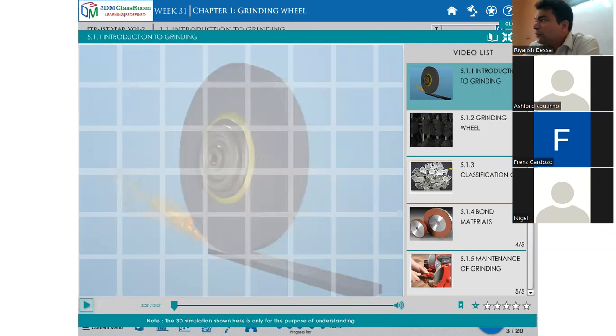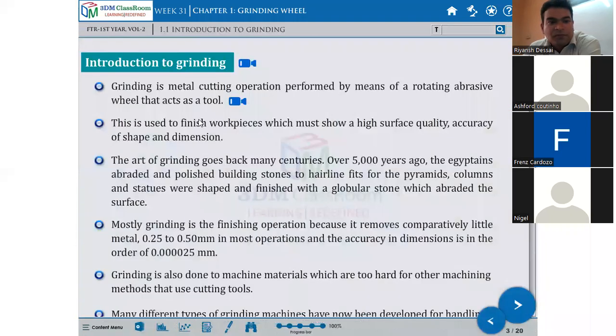It is natural or artificial, maybe sand, silicon carbide, aluminum carbide. With the help of that abrasive, grinding wheels are made. Mostly they are silicon carbide or corundum stone. So grinding is the metal cutting operation performed by means of a rotating wheel that acts as a cutting tool.